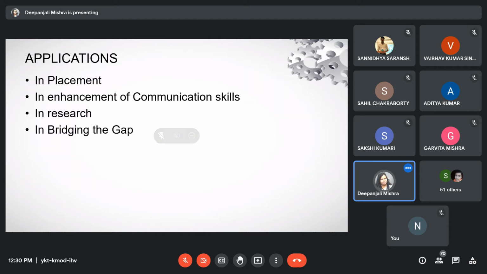But it is changeable. Don't worry. What are the applications of this? It is definitely necessary for the component of placement. Unless you are well versed with communicative skills, you will not be able to do well in recruitments.